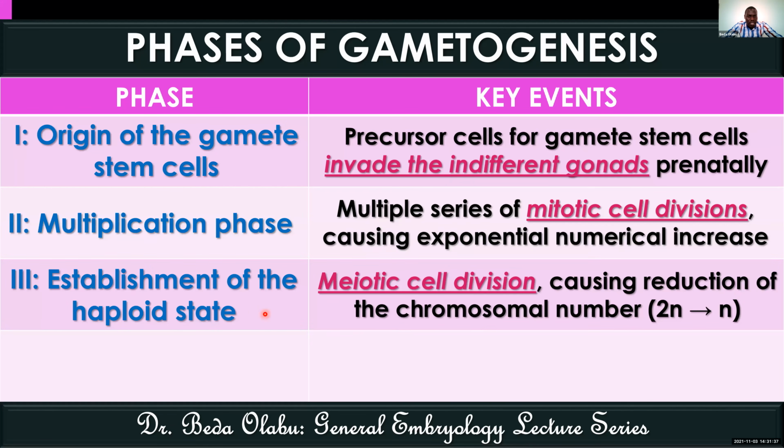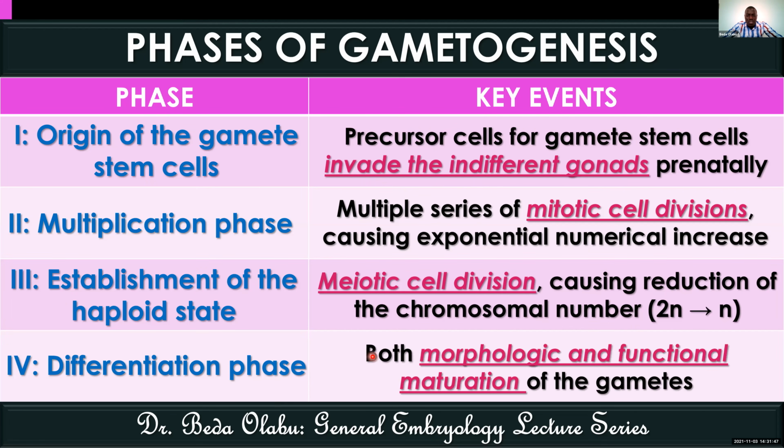Once the cells have established the haploid state, the last phase is the differentiation phase. The differentiation phase involves both morphological as well as functional changes which occur in the gametes, and especially in the sperm. Again, we are going to look at how that happens.